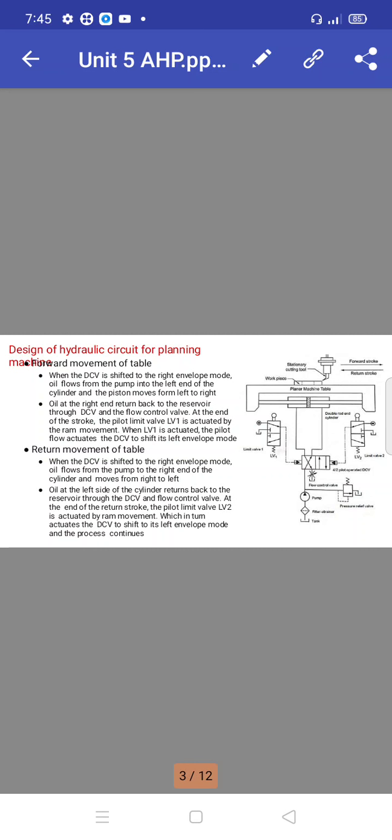The oil at the left side of the cylinder returns to the reservoir through the directional control valve. So whenever the process completes, the hydraulic fluid used returns back to the reservoir. So it recirculates.